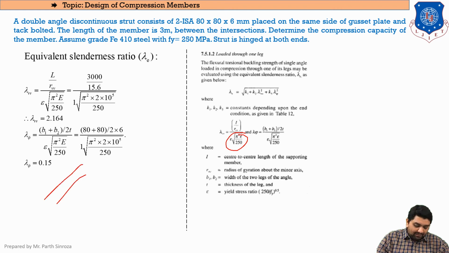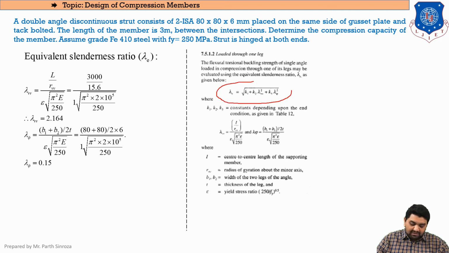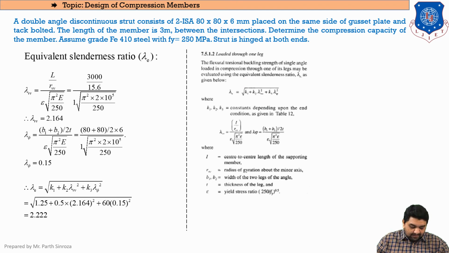The value of lambda VV comes out to be 2.164 and lambda phi comes out to be 0.15. The final thing will be to substitute everything in this equation and find the value of lambda E, that is our effective slenderness ratio. So the term lambda E here comes out to be 2.222.